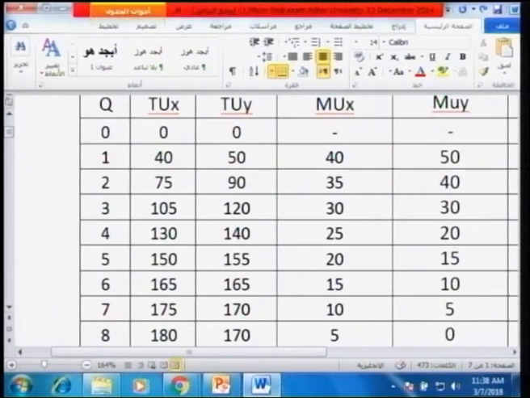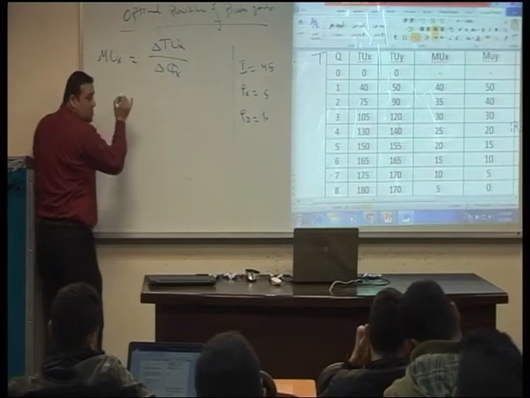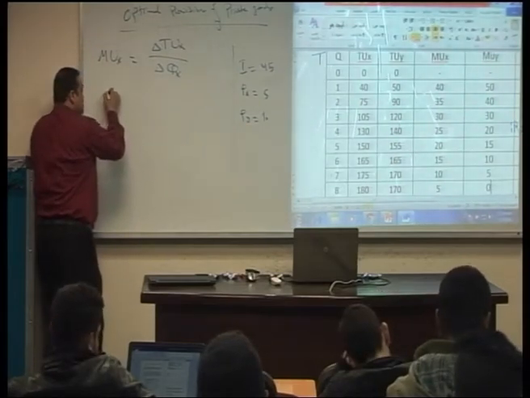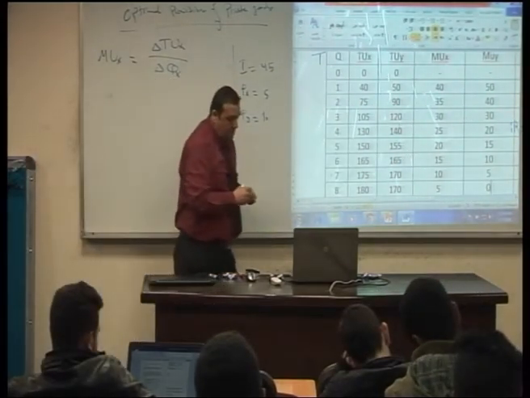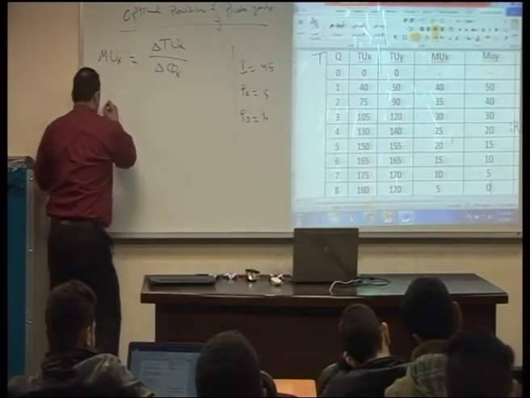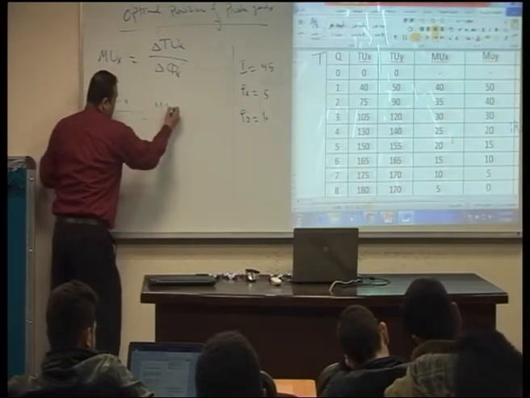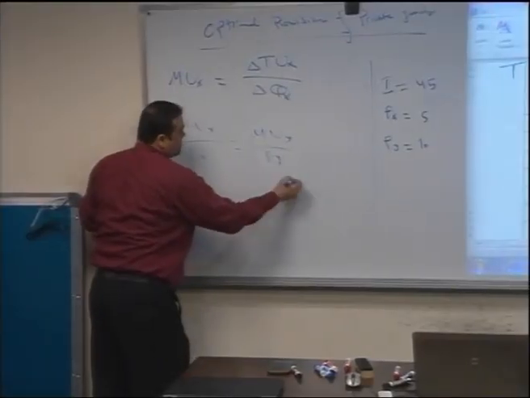Okay. To apply the first order condition, we have to calculate the marginal utility of X. We will check the first order condition, which is the marginal utility of X over the price of X equals MUy over PY.